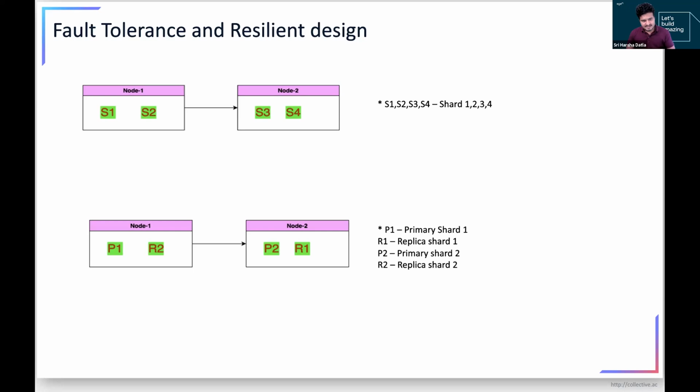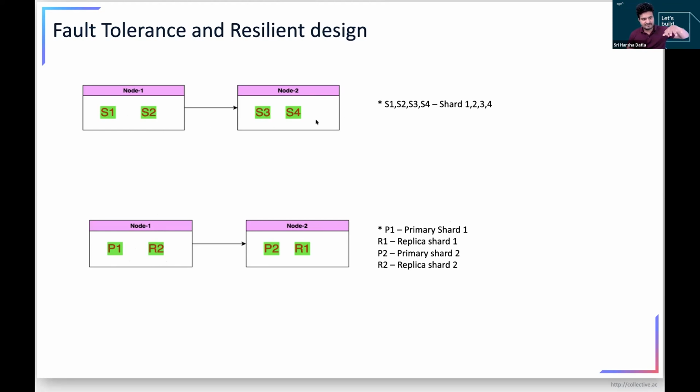So what Elasticsearch does is maintain this fault tolerance and resiliency with something called primaries and replicas. In the second diagram, P1 is primary shard 1 and P2 is primary shard 2, whereas R1 is replica shard 1 and R2 is replica shard 2. In the first example there are 4 different shards altogether.